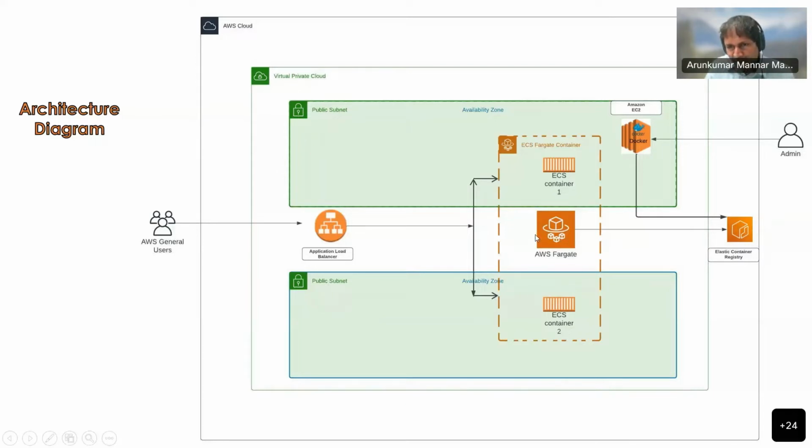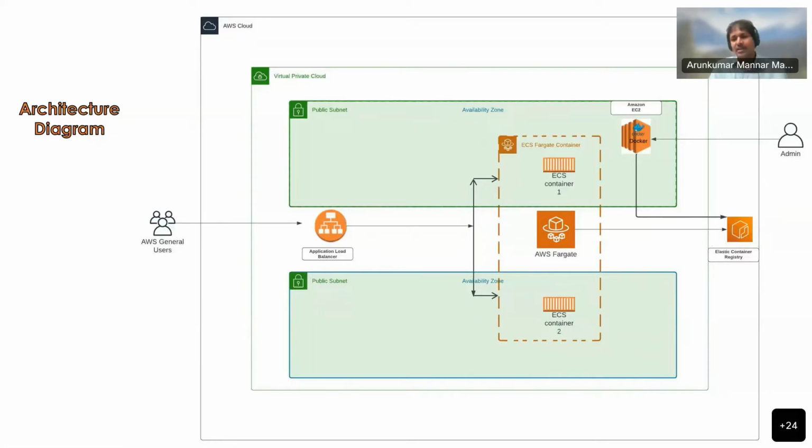For AWS Fargate and Elastic Container Registry, you don't really need to worry about high availability because it's an AWS managed service. It's already highly available and redundant. Even if availability zone 1 goes down, Amazon themselves, the product itself, will take care of that, so the product will not go down.